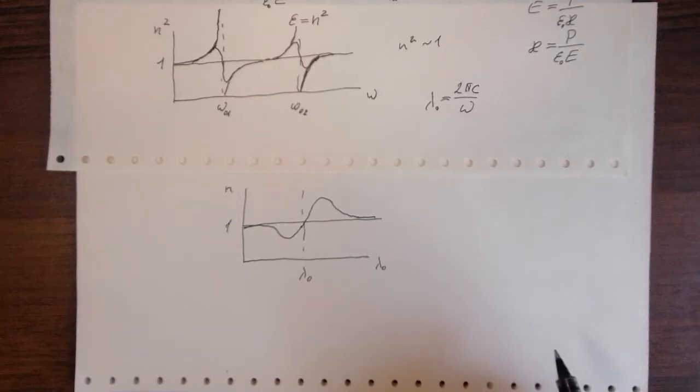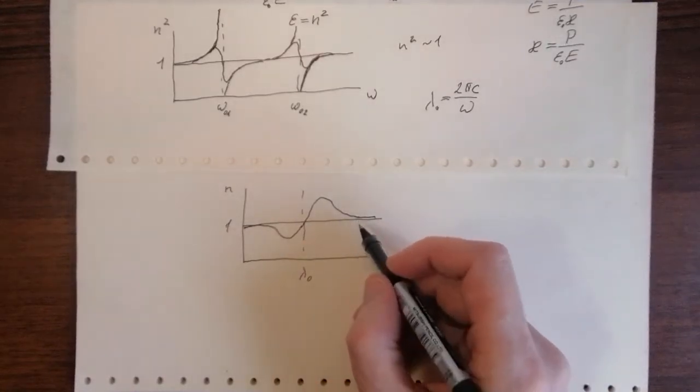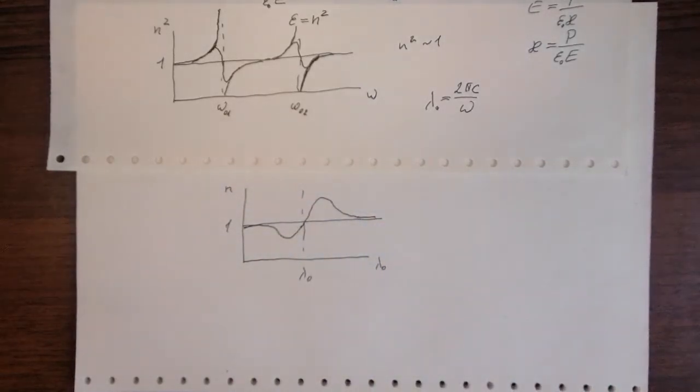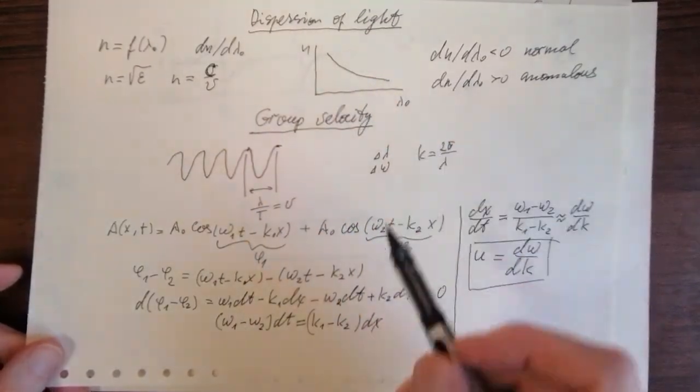If we look at this curve, we see 3 different regions. One region is here, and in this region we see that the dependence of n on lambda corresponds to normal dispersion, because for normal dispersion we have this dependence of n on lambda 0.